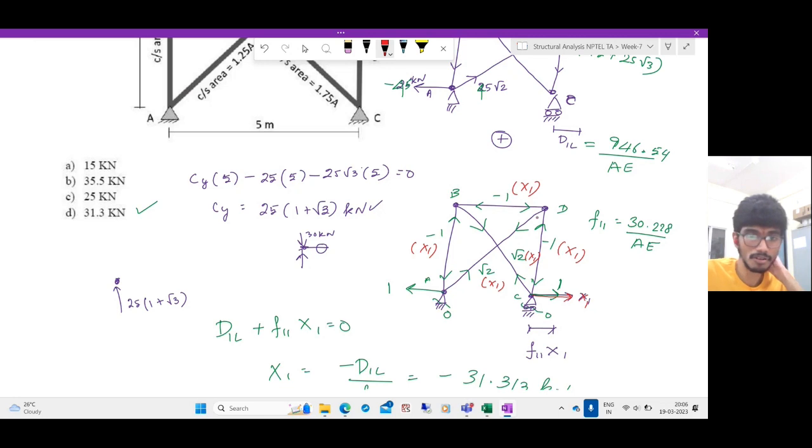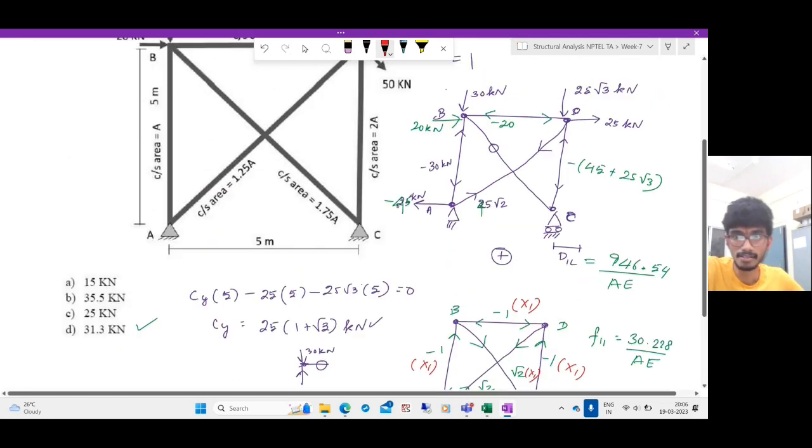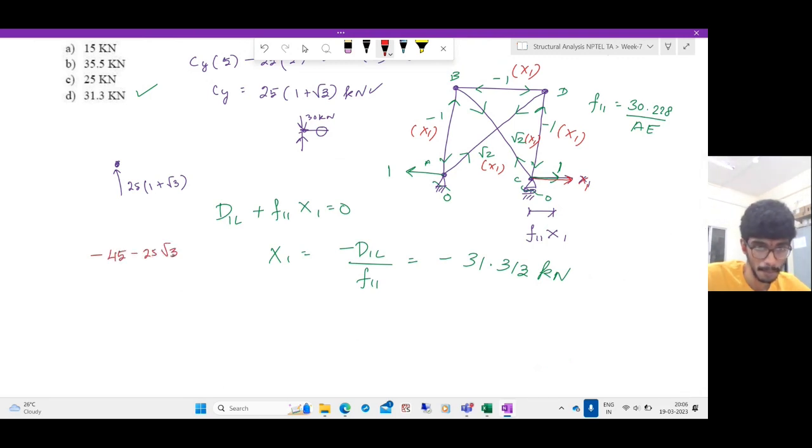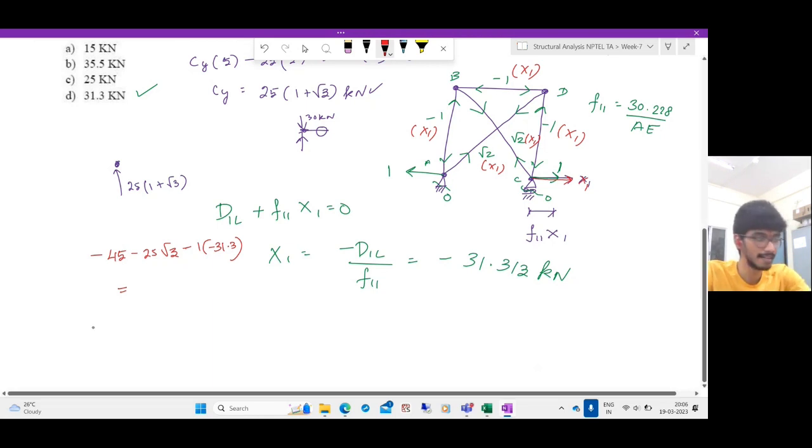Now, what is the total force? Total force can be obtained by superposition. So it is minus 45 minus 25 root 3 minus 1 into what is x1? X1 we determined as minus 31.3. So you compute this, this becomes positive.